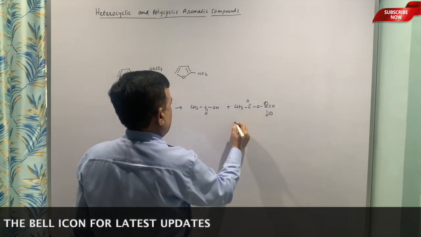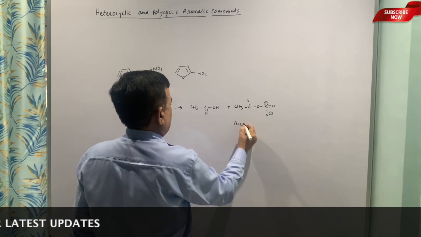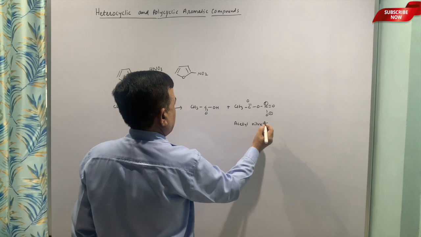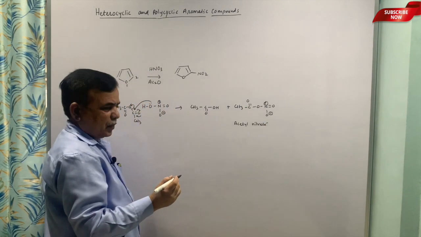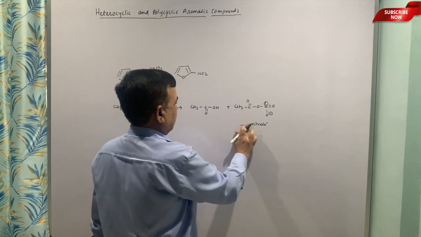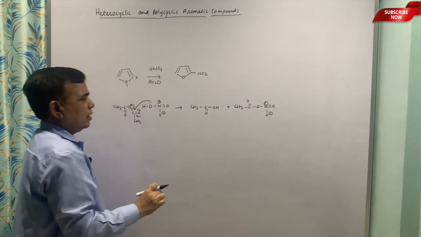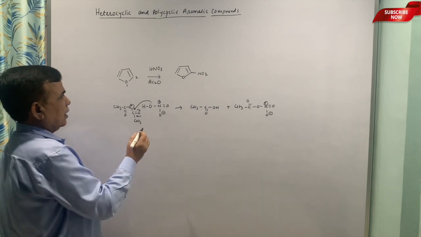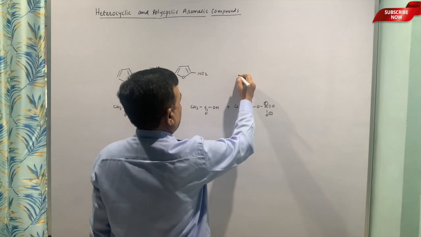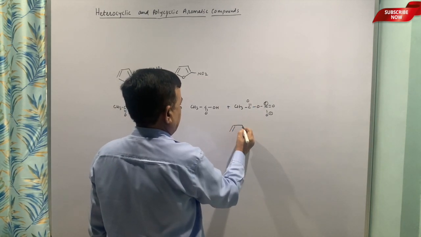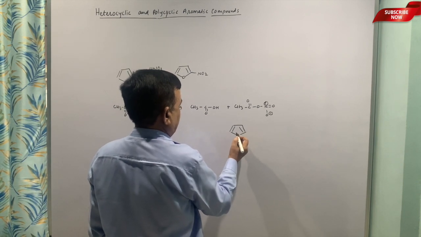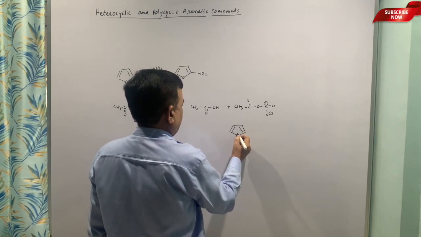Now, this is acyl or acetyl nitrate. Or you can say acyl nitrate also, no problem, but this is the actual species which is generated, and that is the species for nitration. So, what happens here is, I will just put it here. Then you can show it like this.